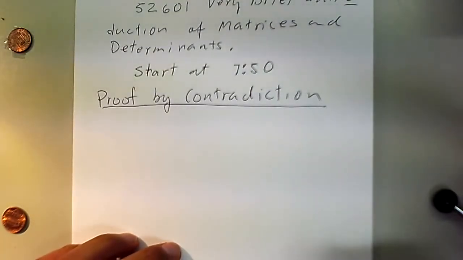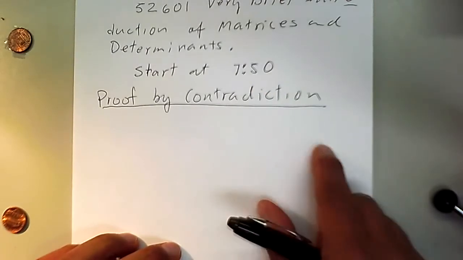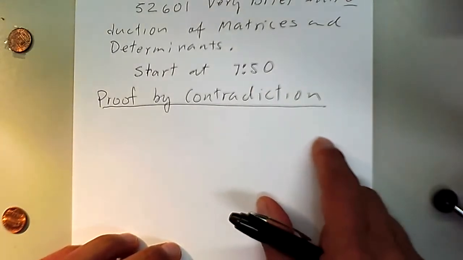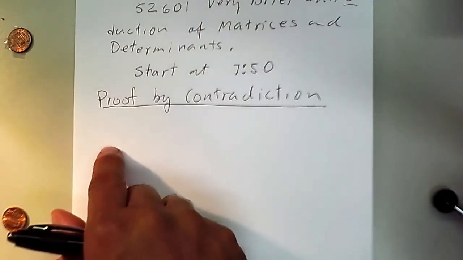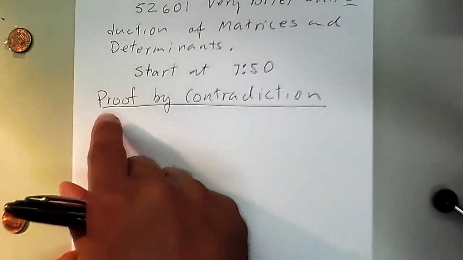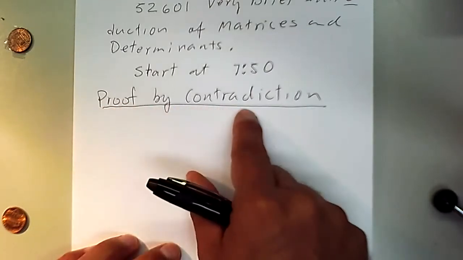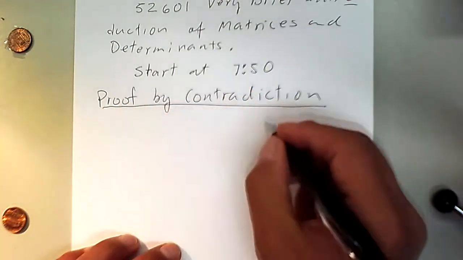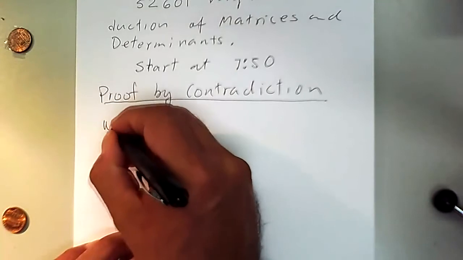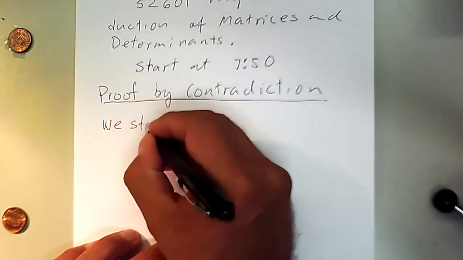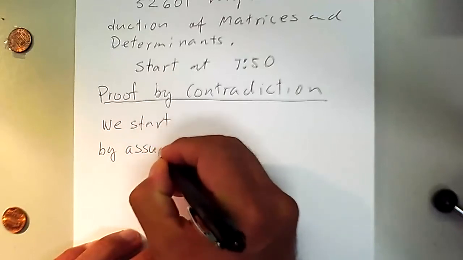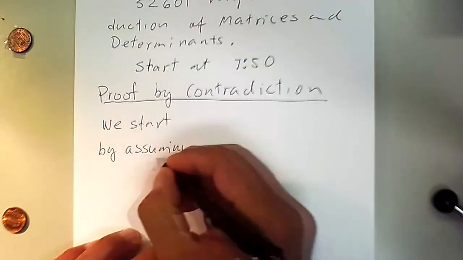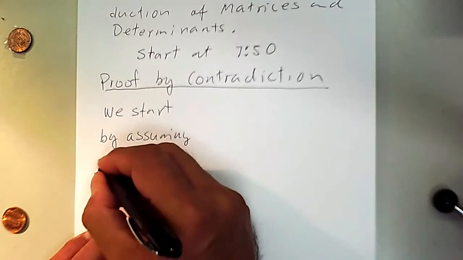So we want to prove that something is impossible or doesn't happen, for example. So the way we can start is by assuming it is possible. In a proof by contradiction, we start by assuming something.